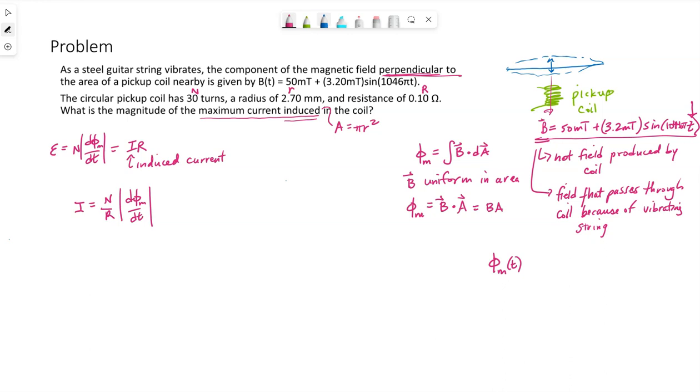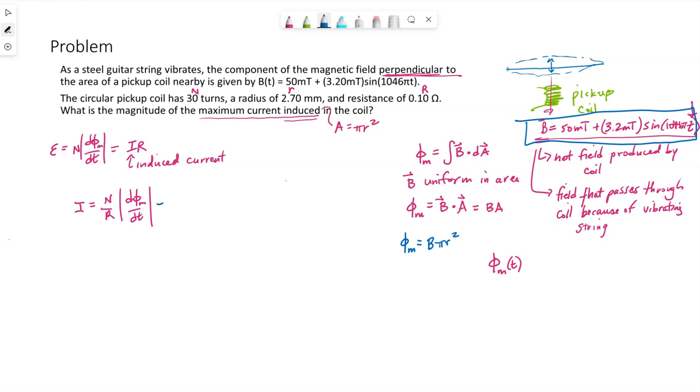Now, our equation, of course, is changing with time, this flux. So this magnetic flux is equal to this whole equation for B up here, which I'm going to just leave as B for the moment. Area is just the pi r squared of the coil. The area is not changing in this case.